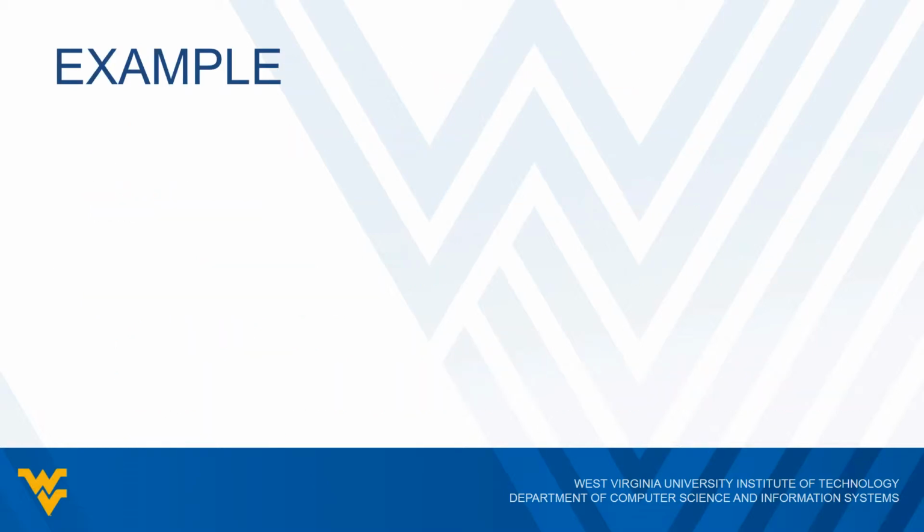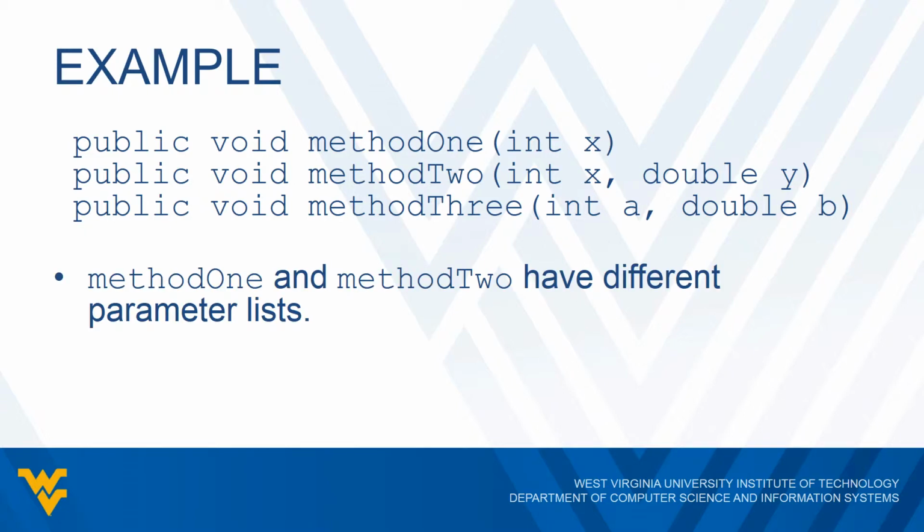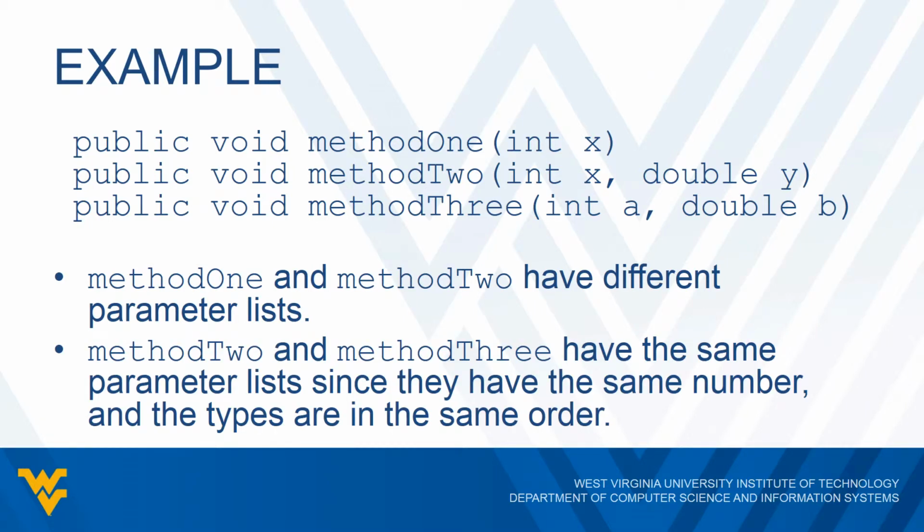Let's take a look at a couple of examples to illustrate this. Let's say I have 3 methods: method 1, method 2, and method 3. Method 1 and method 2 have different parameter lists, because method 1 has 1 parameter and method 2 has 2 parameters. Method 2 and method 3 have the same parameter lists.